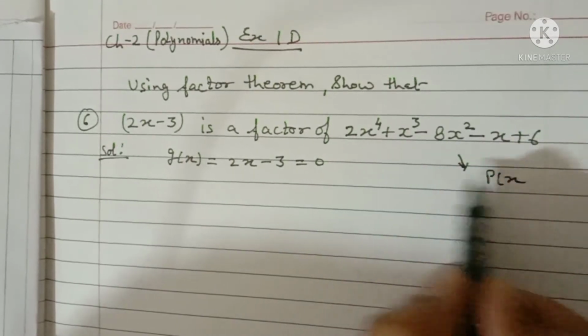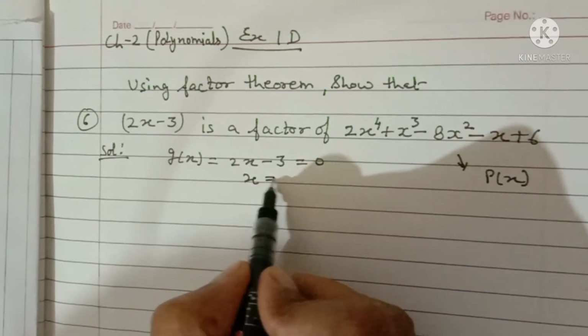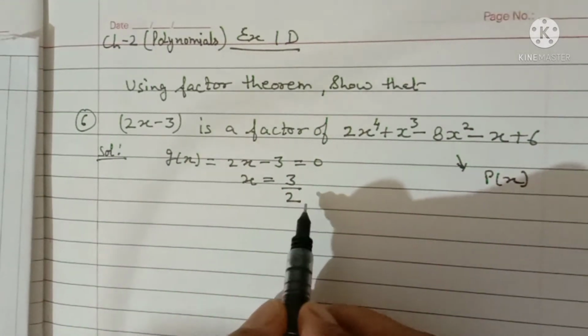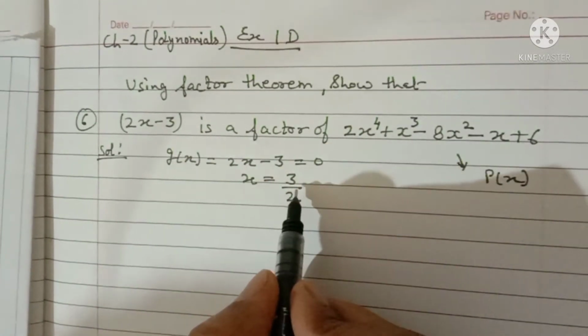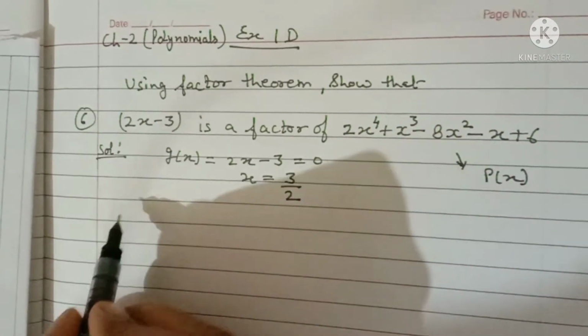So x is equal to 3 upon 2. Now we have to find the value at x equal to 3 by 2 in the polynomial p(x).